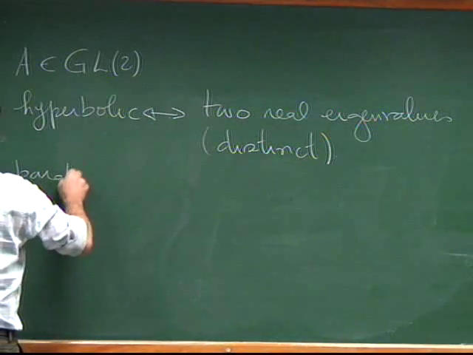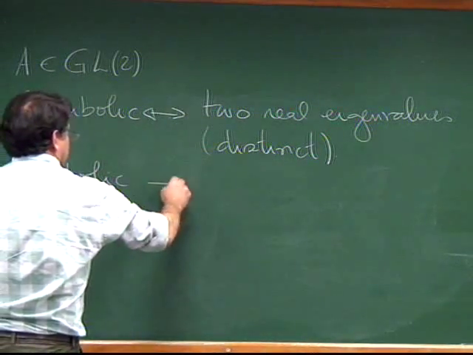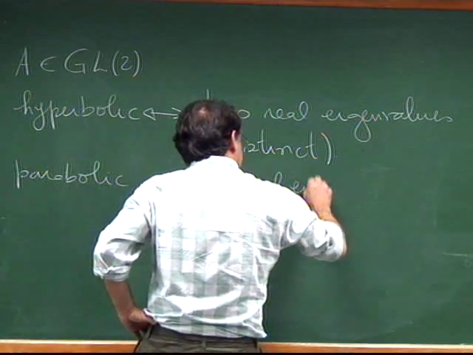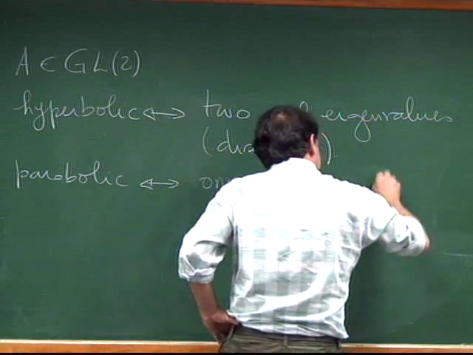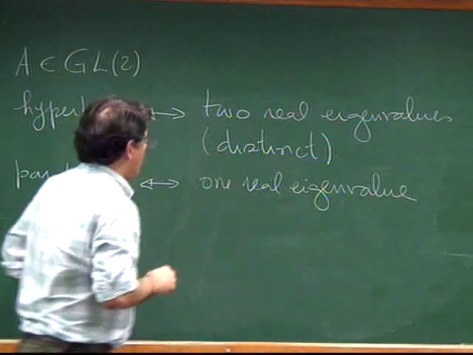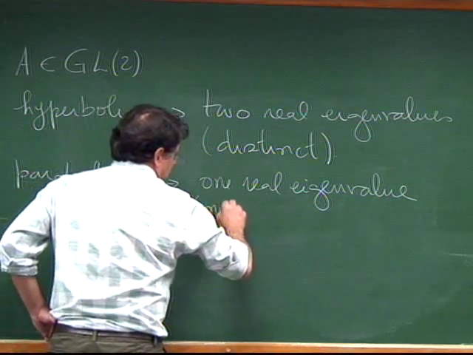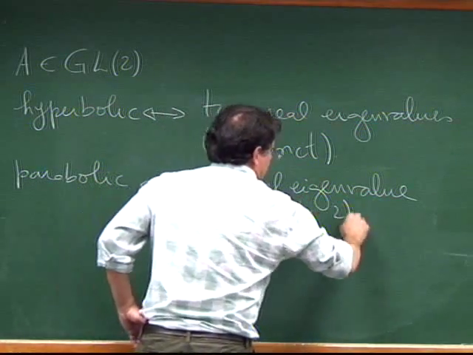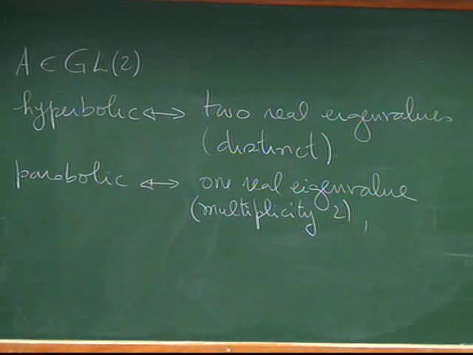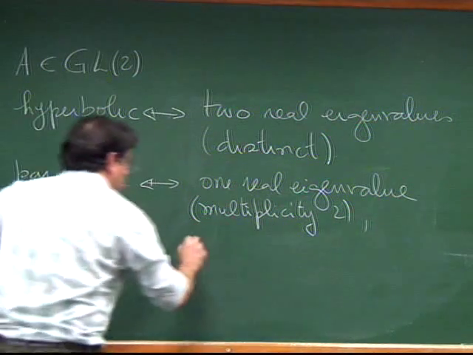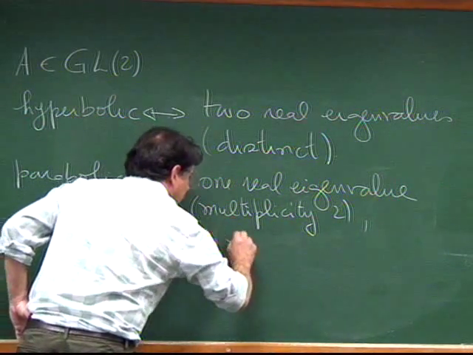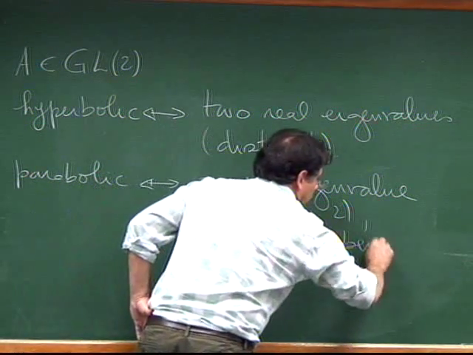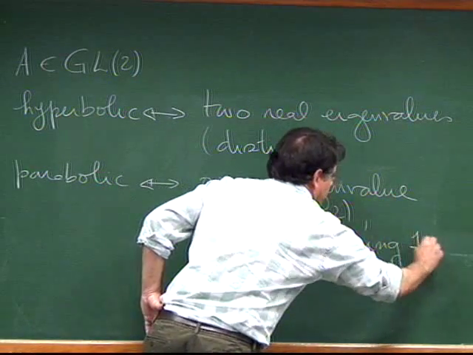Parabolic means 1 real eigenvalue with multiplicity 2, eigenspace being one-dimensional.